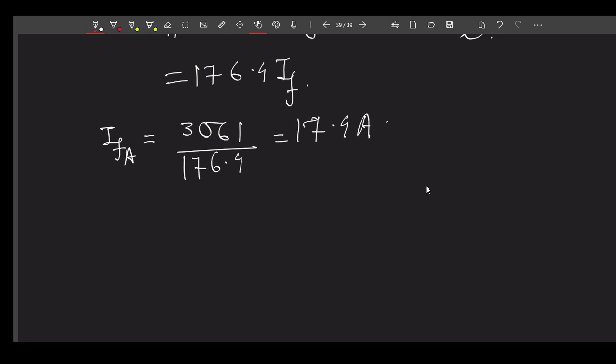Now you may ask the question that armature MMF is being produced by alternating current, and when I am converting it to a corresponding value of field current, it is DC. How can we convert our AC to a corresponding value of DC?